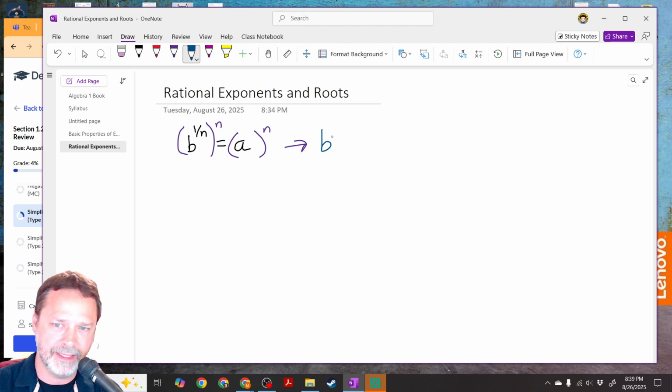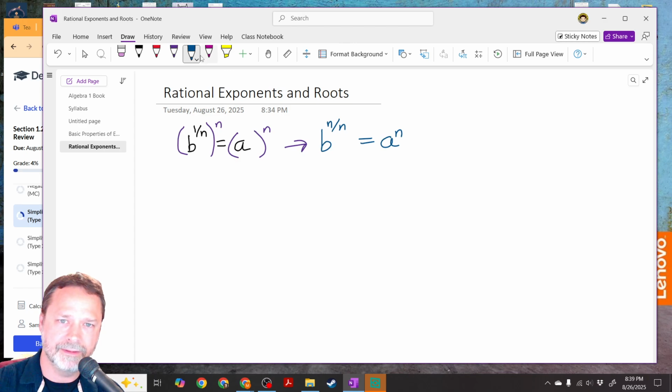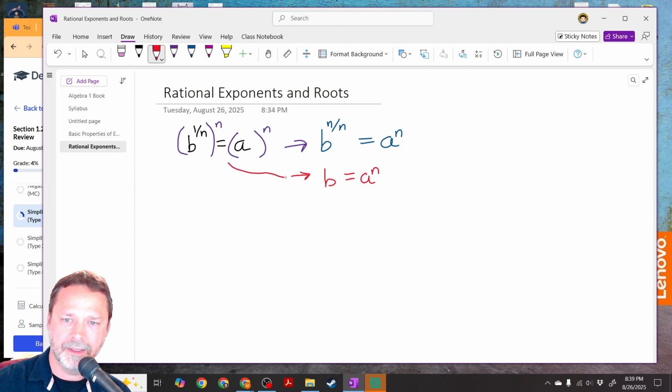That is b to the n over n equals a to the n, which is the same as saying b equals a to the n. So these are equivalent statements, what I started with and what I'm getting at over here.